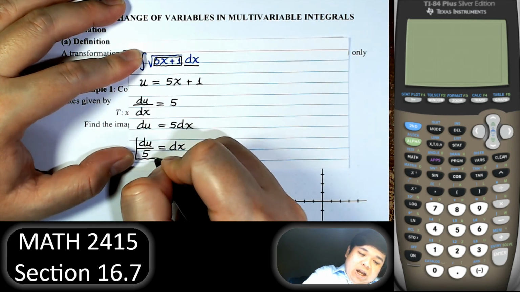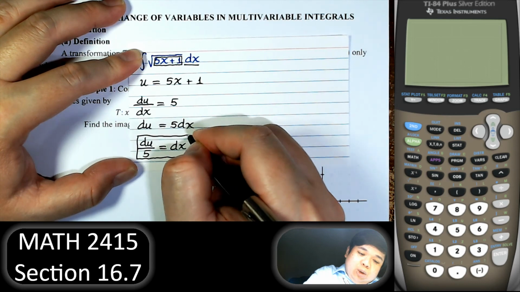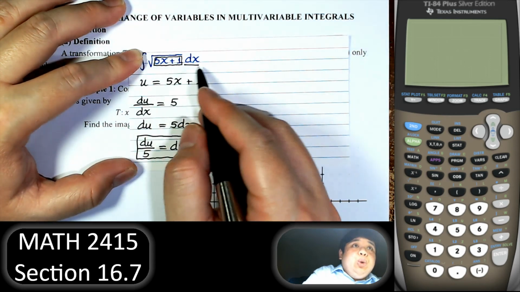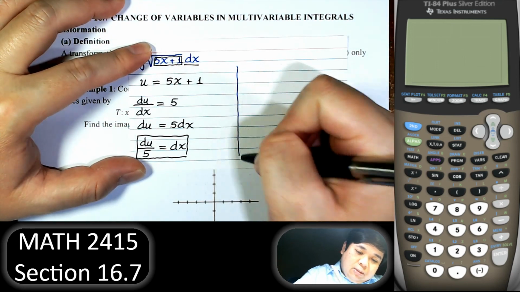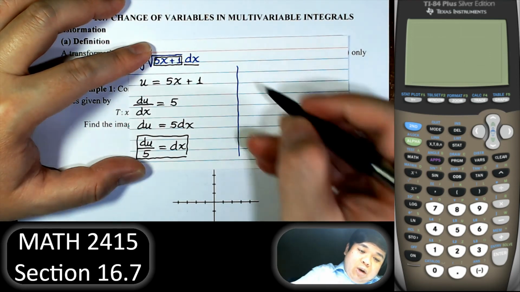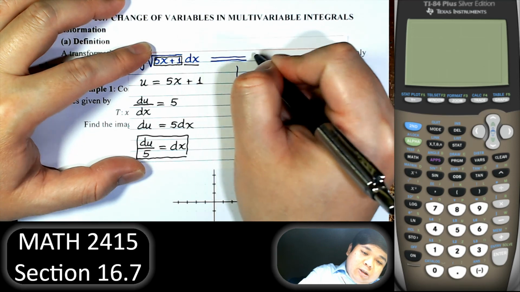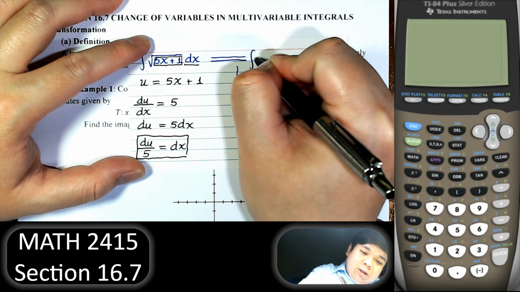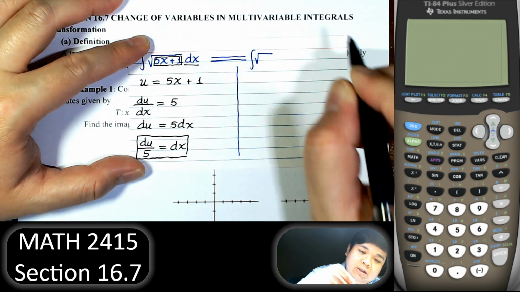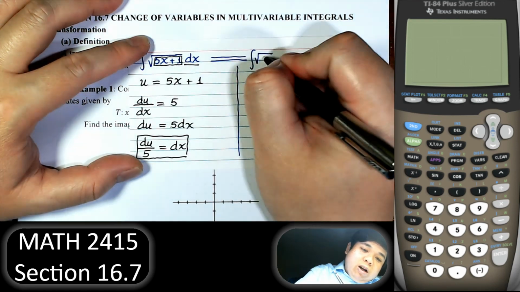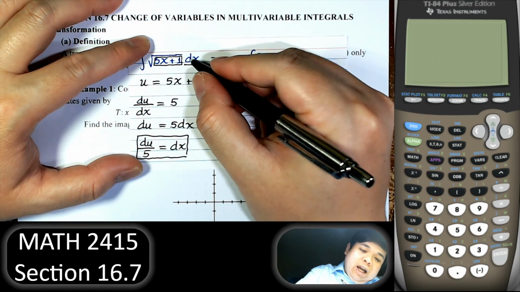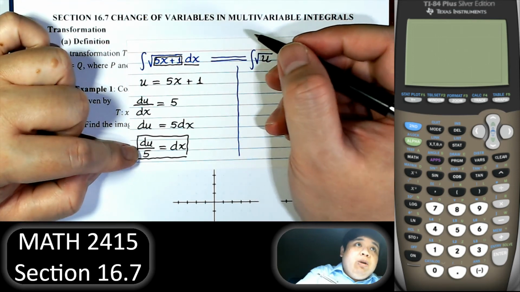So this is the standard substitution. We have u and we have dx, and now we substitute back into our problem. We have the square root of 5x plus 1, which is going to be u, and dx is du over 5.